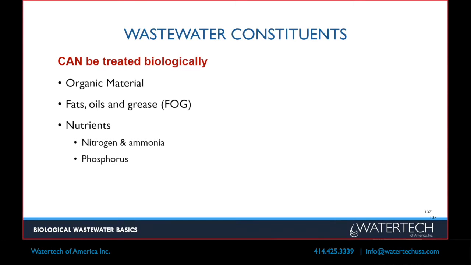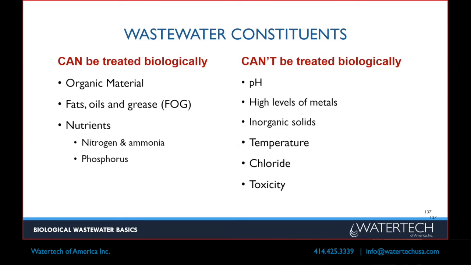Chris said we haven't talked a lot about phosphorus removal, but when I got into the wastewater business 20 years ago, phosphorus went down to a 1 milligram per liter limit. Now we're down at 0.075. So phosphorus removal is really, really critical. Nitrogen and ammonia removal has been around for a long, long time. So those are the types of waste streams that biological systems can handle.